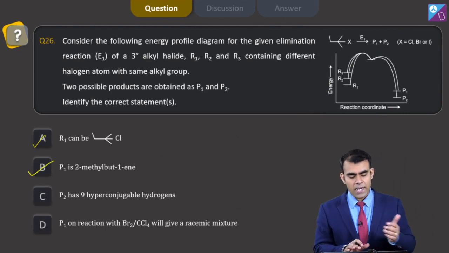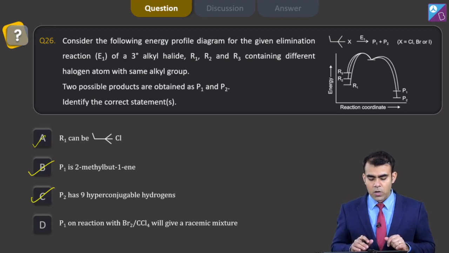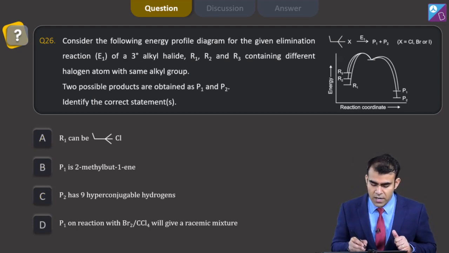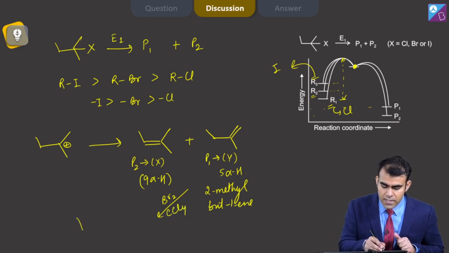Then P2 has 9 hyperconjugable hydrogens. Yes, we have seen this. And P1 on reaction with bromine in CCl4 will give a racemic mixture. Now you can see that if I react P1 with Br2 in CCl4, it will form something like this.